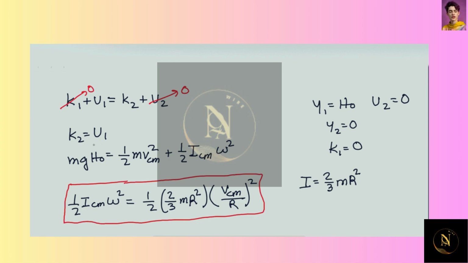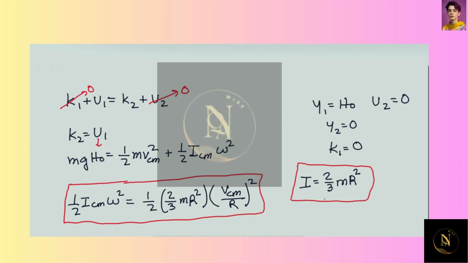So U1 is mg h naught, and K2 has a translational part and a rotational part. For the translational part, we'll just call it half m v_CM squared, and for the rotational part, it's half of the moment of inertia times omega squared. Also, since we used I equals 2/3 mr squared, we can evaluate this part over here.